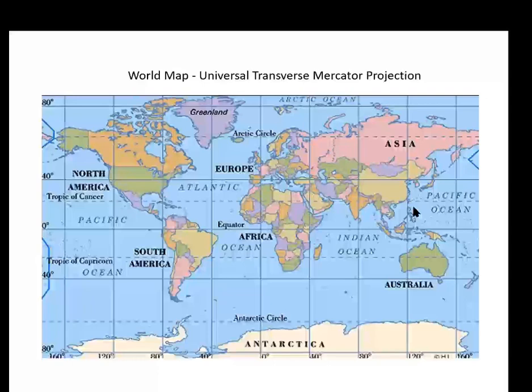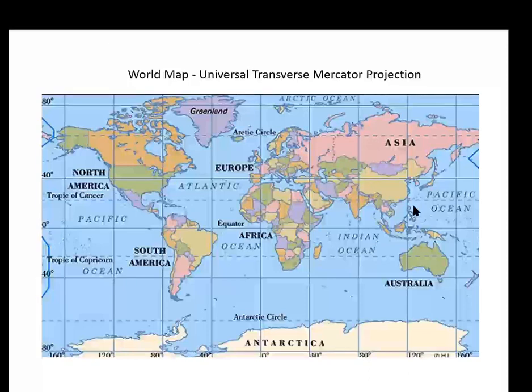A map is a type of chart and can be manipulated just as easily. In fact, maps are a rich source of misinformation. This map hangs in many classrooms across the United States, and it's probably the first world map you saw.